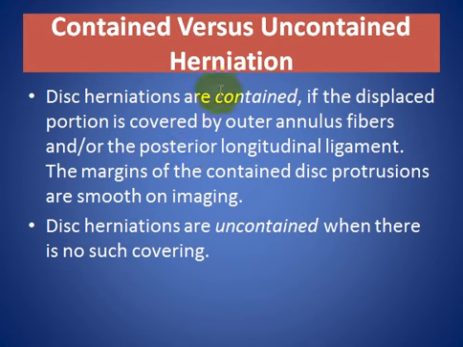The disc herniation can be contained or uncontained. Contained disc herniation is when the displaced portion is covered by outer annulus fibers and/or posterior longitudinal ligament. The margins of the contained disc protrusion are smooth in imaging. Disc herniations are uncontained when there is no such covering.